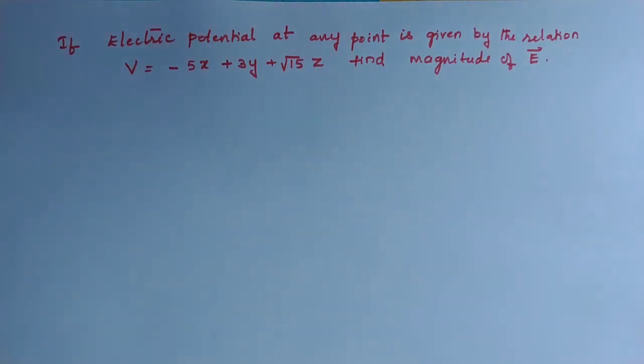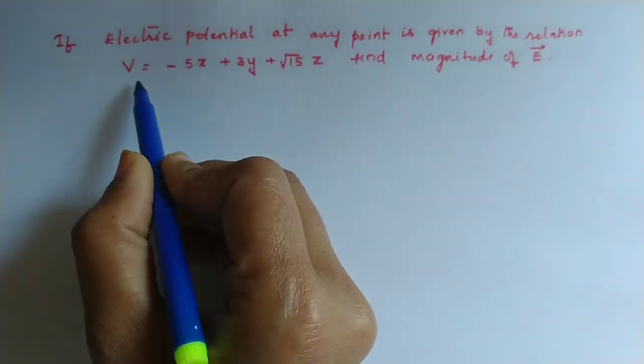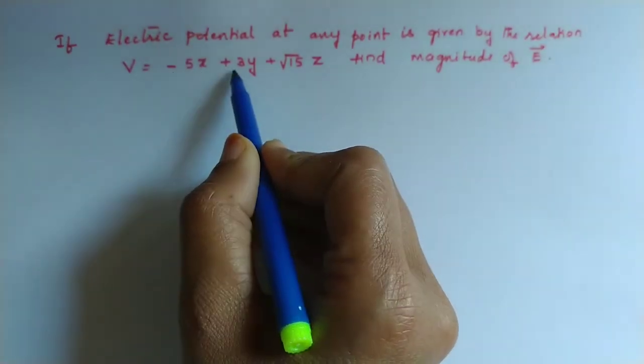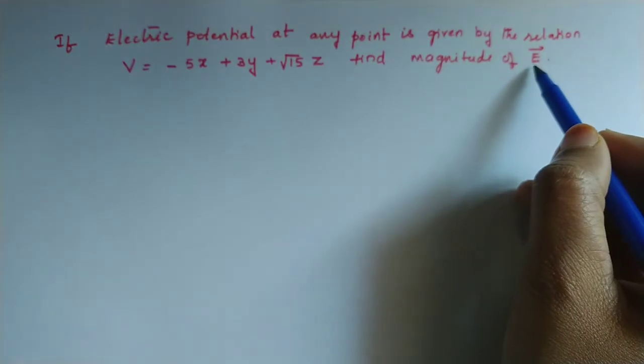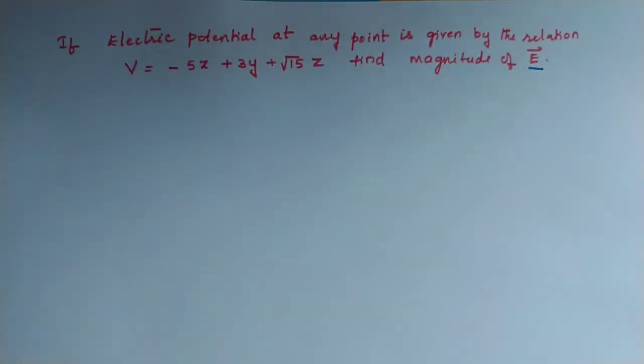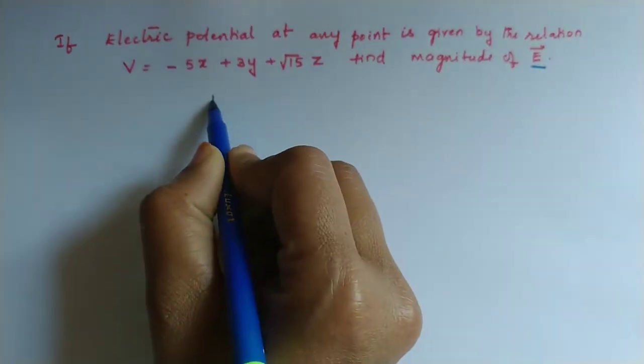So in this question, we are given that electrostatic potential varies according to the relation V is equal to minus 5x plus 3y plus root 15 z. And then you need to find out the magnitude of the electric field. And we already know the relation between electric field and electrostatic potential.